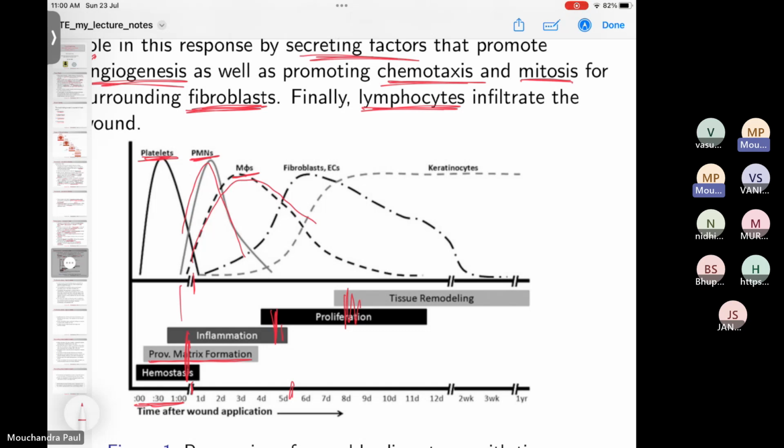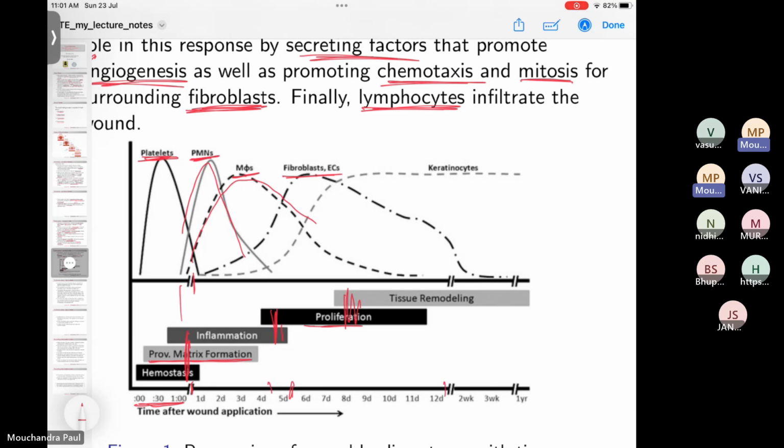Usually the fibroblasts present in the dermis, then the endothelial cells. Their metabolic rate increases, and they start dividing at a very rapid rate. The cell numbers of fibroblasts and endothelial cells come to a peak during the proliferation phase.